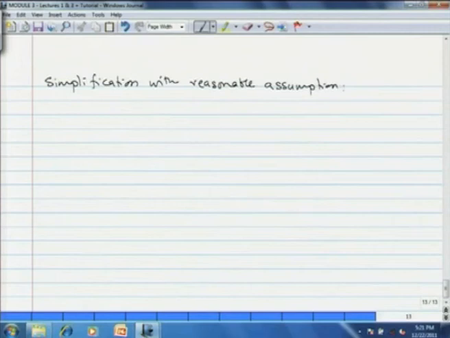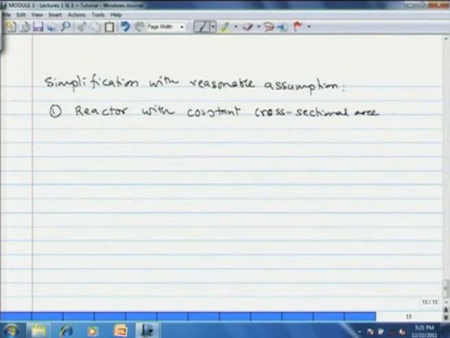The first assumption that we make is that the reactor has constant cross sectional area, which we denote by AR.